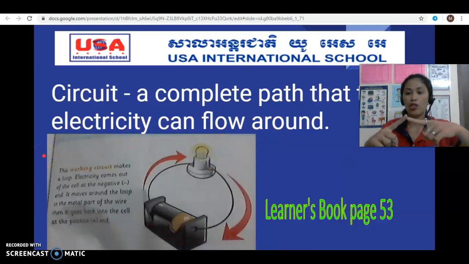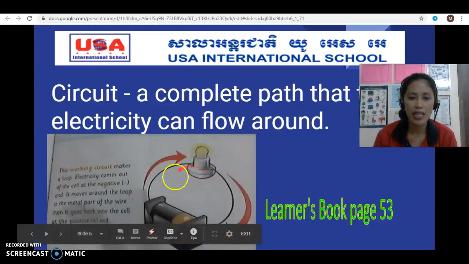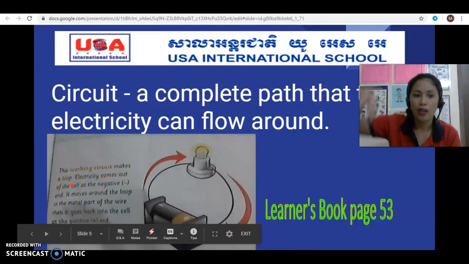If the switch is off, it means there's a gap, so the light will not work. If the switch is on, the light will light up, or it will work. So this is a working circuit. This working circuit makes a loop, a circle.